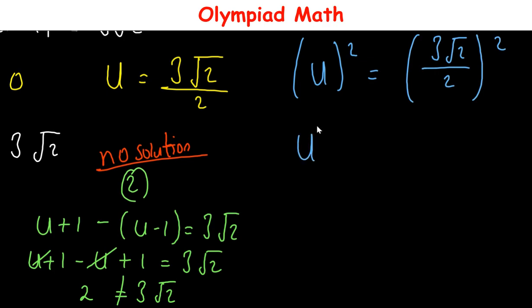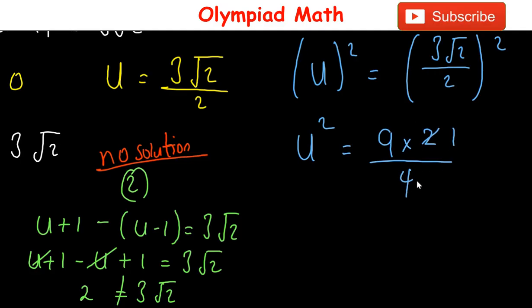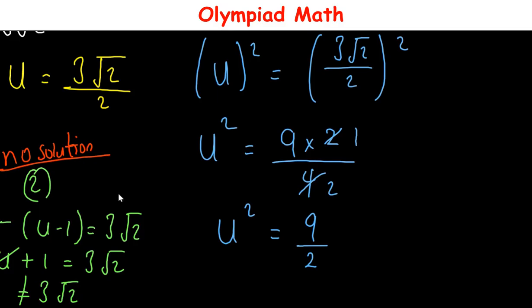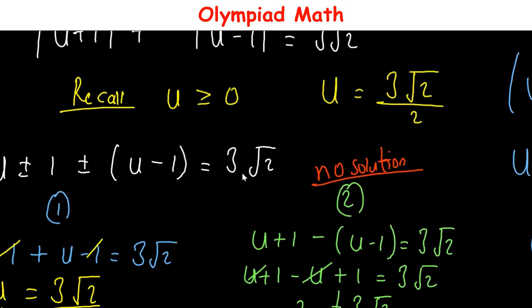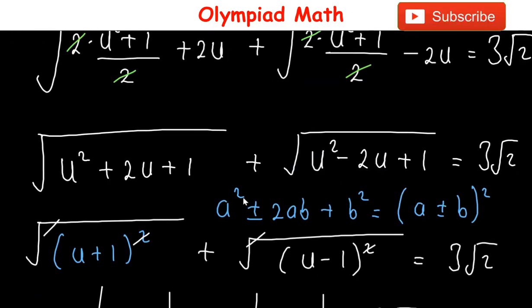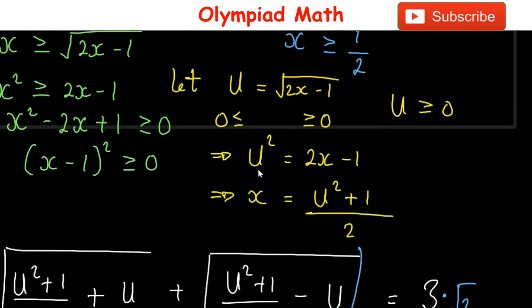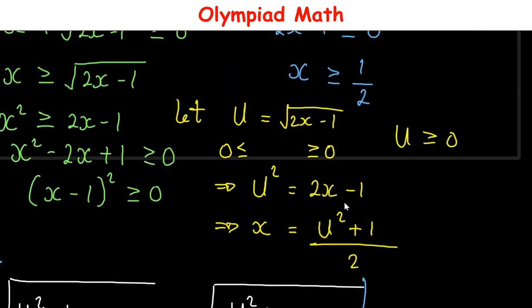So we have u squared is equal to 3 squared is 9 times the square root of 2 squared is 2, divided by 2 squared is 4. 2 here 1, 2 here 2. So u squared is equal to 9 over 2. So from here, recall that we said the value of u squared is equal to 2x minus 1.